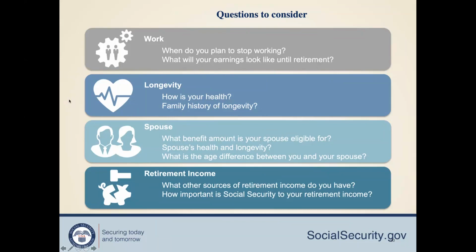There are a lot of American families waiting for Social Security, and as soon as they become 62, they start claiming, right? Because they don't care about all these calculations. Longevity, how is your health, family history, right? And spousal benefit, spouse's health and longevity, age difference, and what other retirement sources you have, right?